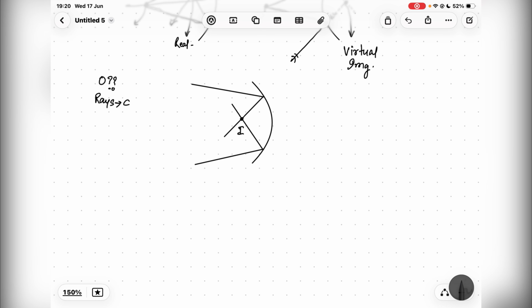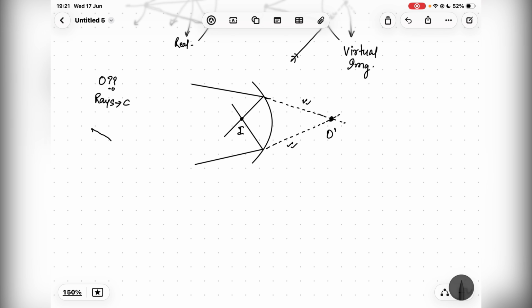But if we trace back the incident rays behind the mirror, we see that they intersect somewhere. Okay, now it is the incident rays that are intersecting and not the virtual rays, not the reflected rays.